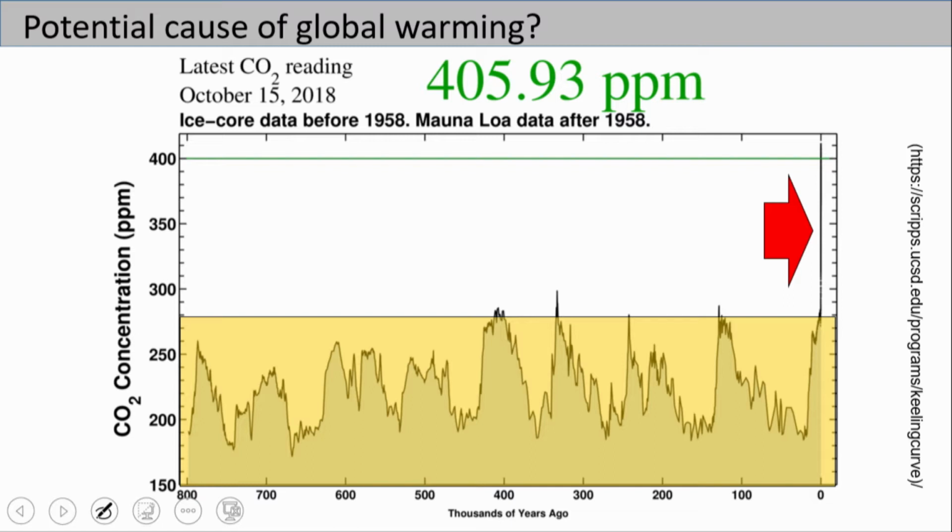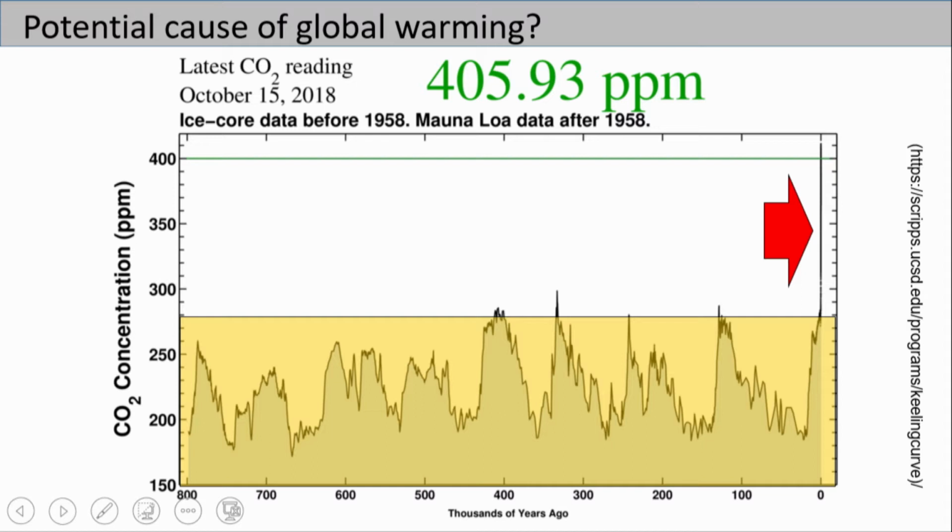So we know the atmospheric carbon dioxide concentration going back 800,000 years. Now, if you look at the graph, the carbon dioxide has changed between 280 ppmv and down to almost 180 ppmv during the last roughly 800,000 years prior to the Industrial Revolution.